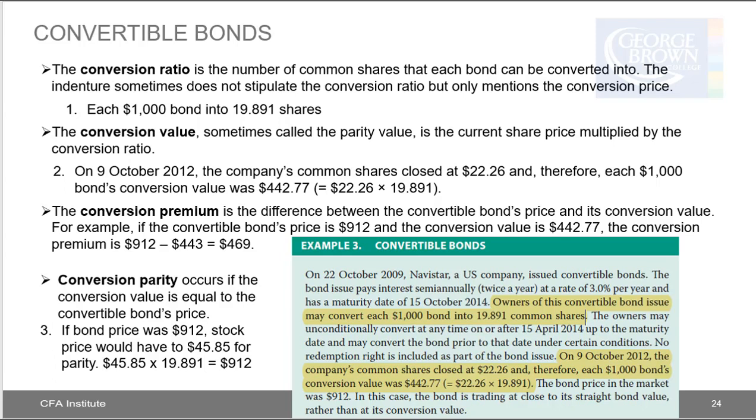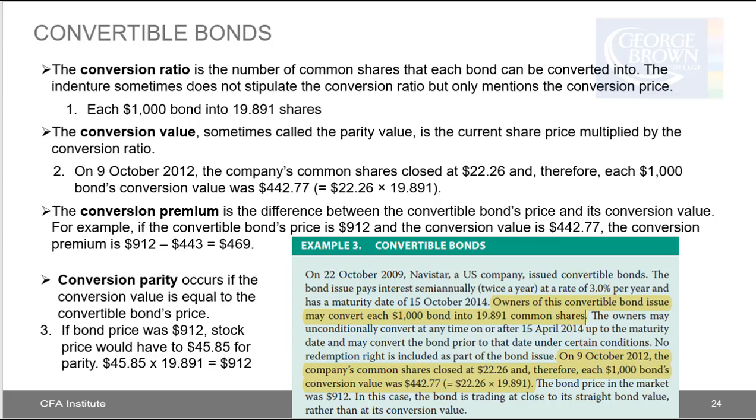The conversion premium is the difference between the convertible bond's price and its conversion value. So, for example, if the convertible bond's price is $912, and that's the market price on the bond on 9th of October 2012, and the conversion value is $442.77, then the conversion premium is $912 minus, rounded, $443, which equals $469.